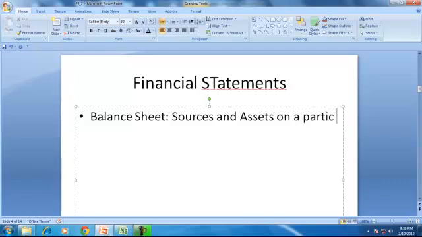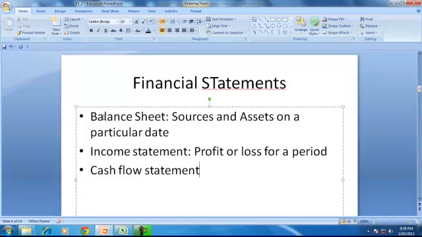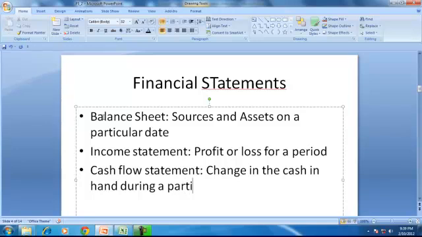The income statement will show the profit or loss for a period. The cash flow statement will show the change in the cash position or cash in hand during a particular period.